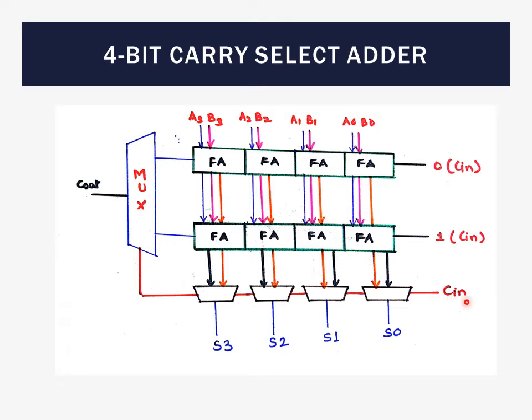Now if the carry in is equal to 0, then these orange color lines, that data, that is the S0, S1, S2, S3 from the first set of adders would be selected as a final sum. Otherwise, if Cin is equal to 1, then this black color lines, which is the summation output from this second set of adders, would be considered.